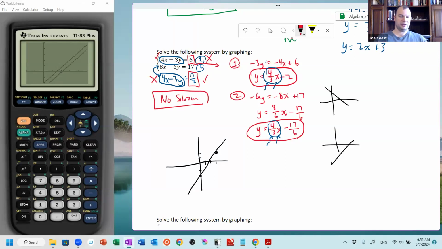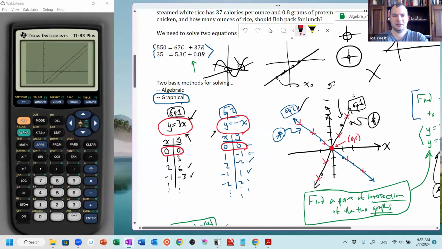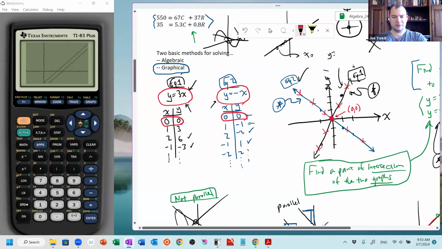So a couple of things, maybe 3 things to take away from this problem. Sometimes, even if you want to solve a problem by hand for whatever reason instead of the calculator, it's just extremely cumbersome and we just go to the calculator. There are other times, like for instance this problem up here, y equals 3x, y equals negative x, where the hassle of plugging everything into the calculator, getting the window set up, doing the graph, finding the intersection and all of that, is it really worth that time spent to use that tool on such a simple problem?